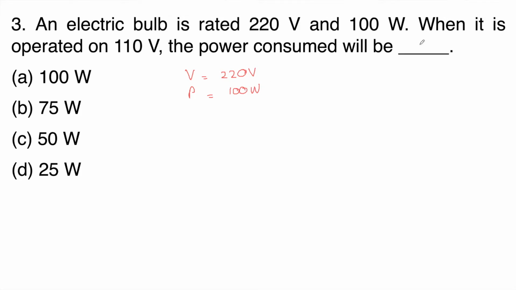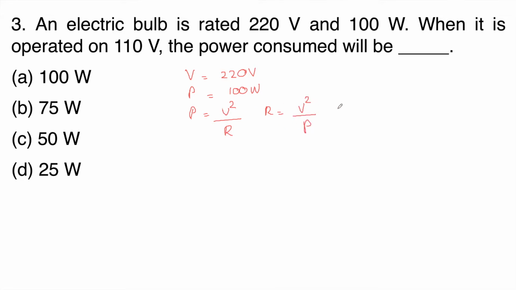And it is operated on 110 volt, that means the new voltage is 110 volt. Then what is the power? So here we can use power is equal to V square by R, so R is equal to V square by P.